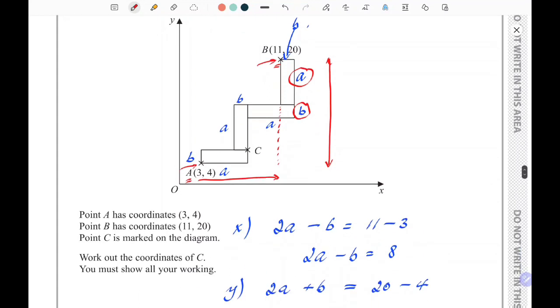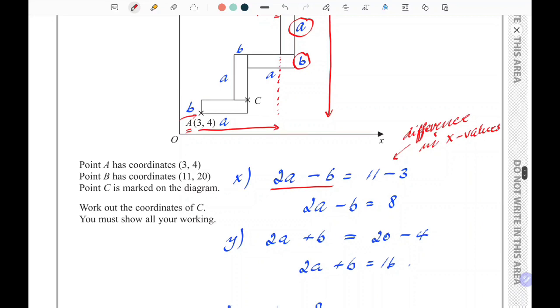So the expression we get for that is 2a minus b. So the distance across for point B is 2a minus b, and that must be the difference in x values. And that therefore gives us an equation 2a minus b equals 8.